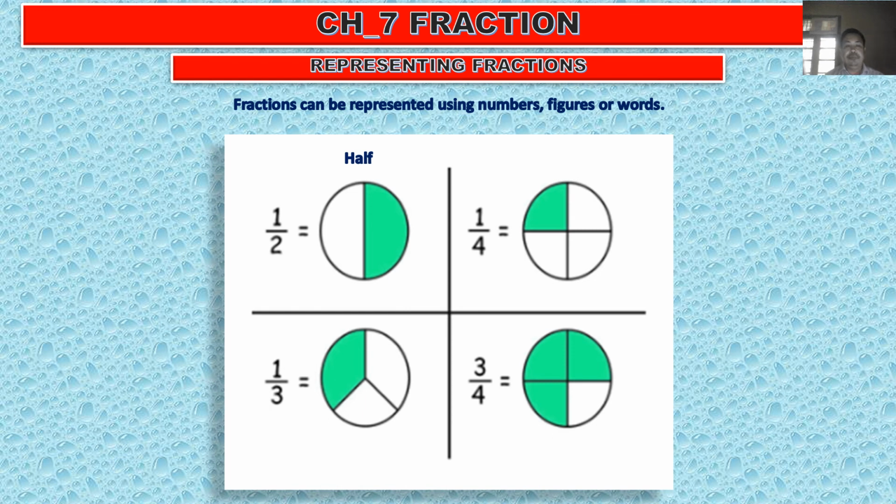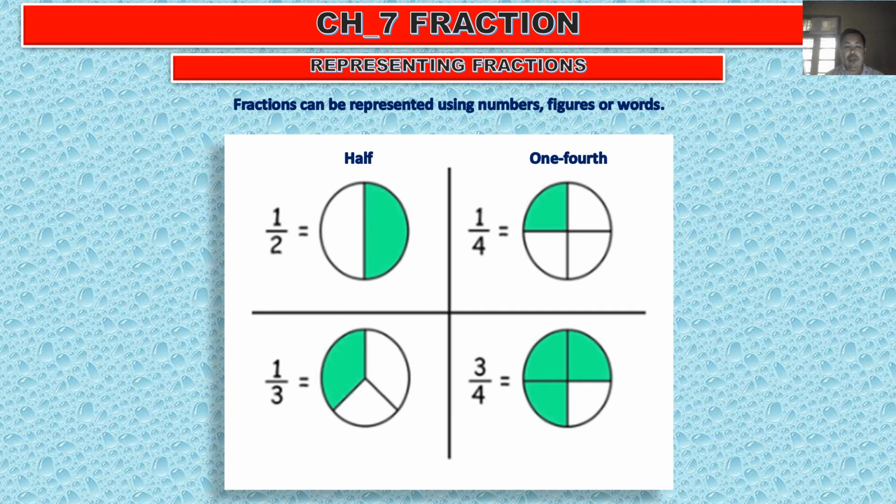Okay, clear? We draw half of the diagram, isn't it? Then next is 1 by 4. We represent 1 by 4 as the numbers 1 and 4, and also in a figure, like we draw a circle and divide it into four parts and shade one, and this shaded portion represents 1 by 4. And in words it is one-fourth. Okay, clear?